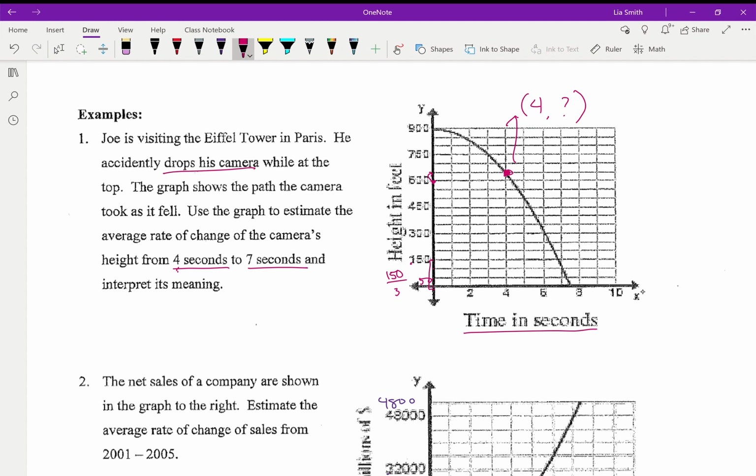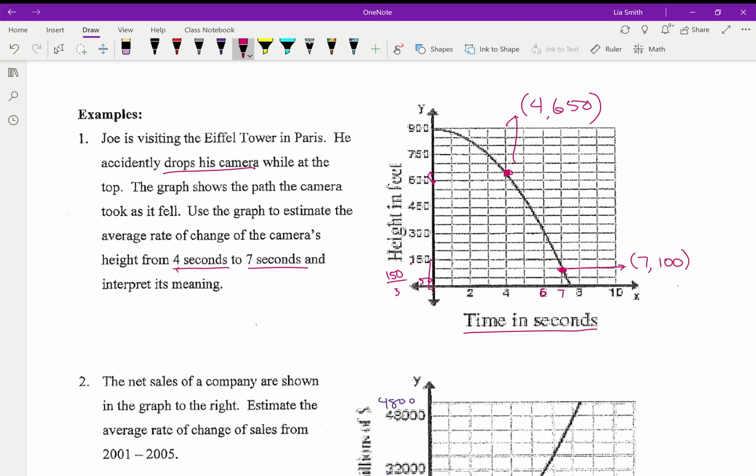So if this is 600, one above that would be 650 feet. So at 7 seconds, we're going to go over here to 7. So this is 6, so there's 7. So this point here would be 7 and then 100.